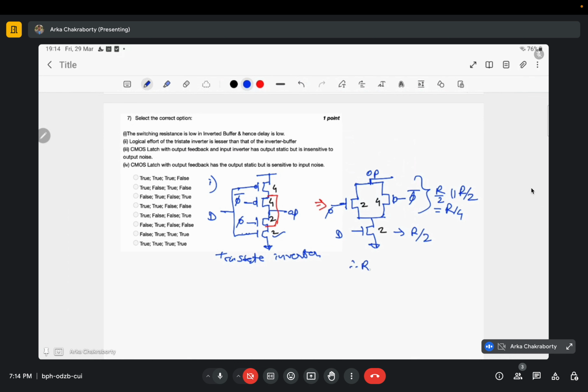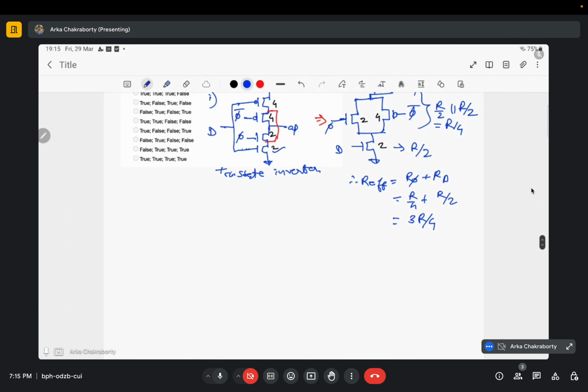Therefore R effective in this case is R5 plus RD. R5 is this 2, this parallel this, so it becomes R by 4 plus R by 2, means 3R by 4.